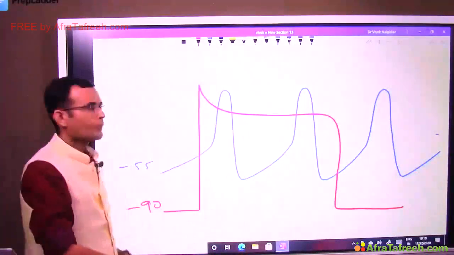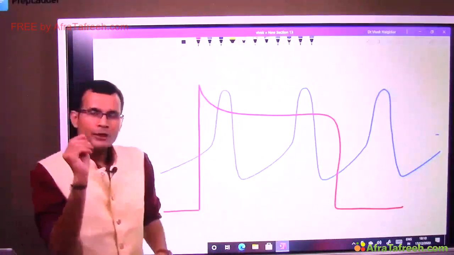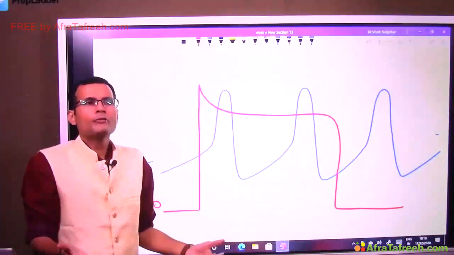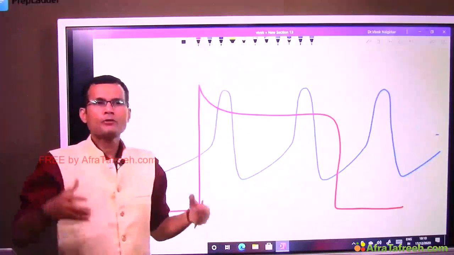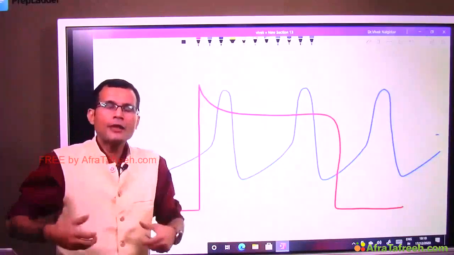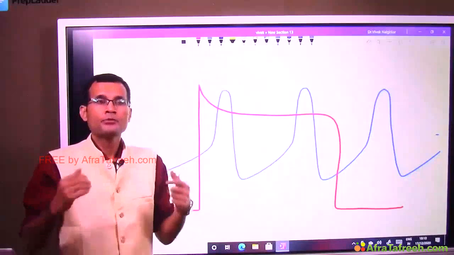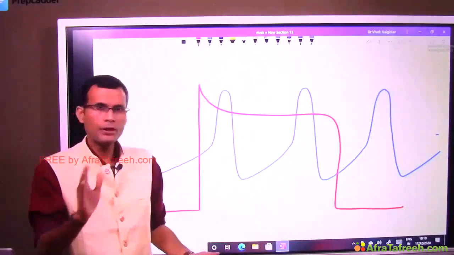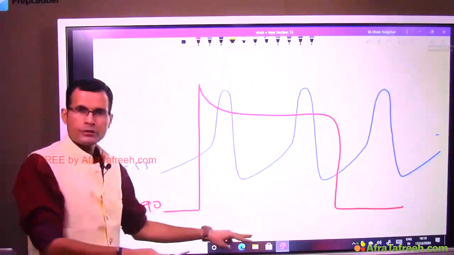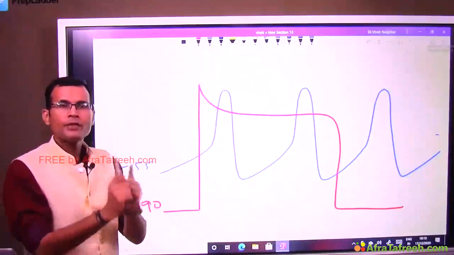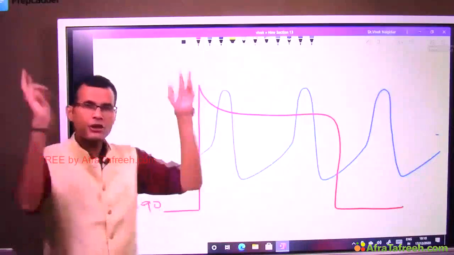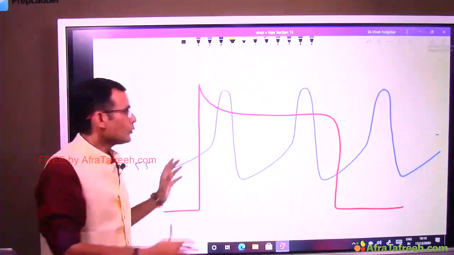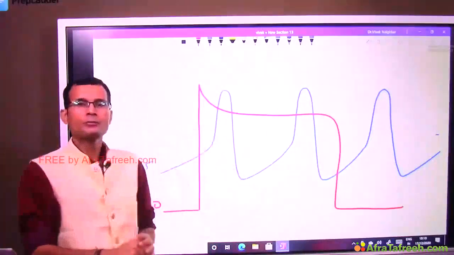Please focus. What I'm trying to say is, we have said that each part of the heart has a certain natural excitability, natural rhythmicity with which they can excite. Here, by this diagram, I want to say that the natural rhythmicity of the Purkinje fiber is only half that of the SA node.